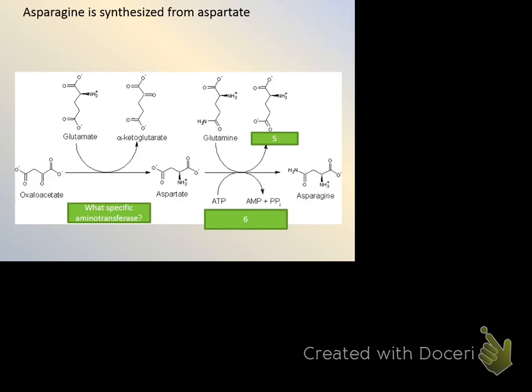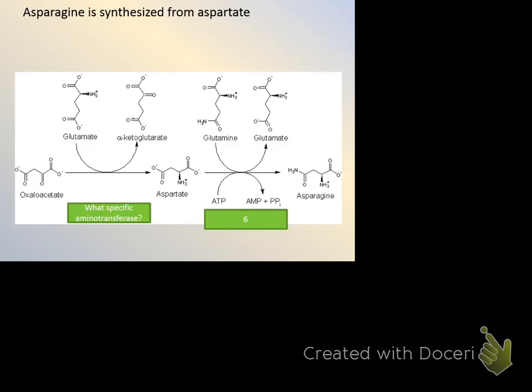So glutamine becomes what? What's number 5? This is glutamate. Glutamine donates its amine group to become glutamate. And what enzyme do you suppose this is going to be? It utilizes an ATP, because it's a ping pong type reaction.